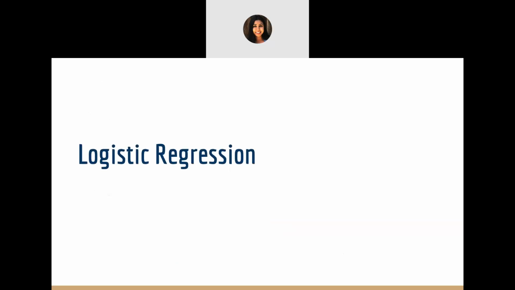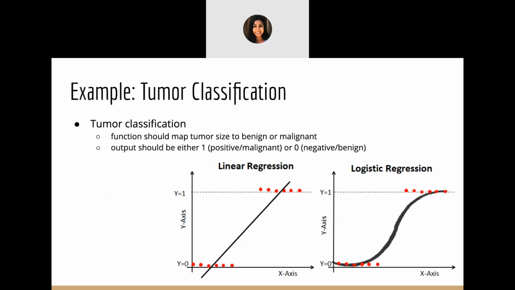All right, so now that I've briefly gone over linear regression, I'd like to go over logistic regression. It's actually a lot different, since it's doing a classification task instead of a regression task, even though it's called regression. So just to get right into it, let's look at an example.